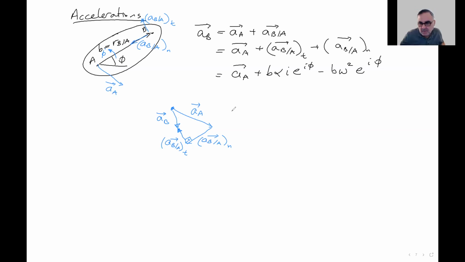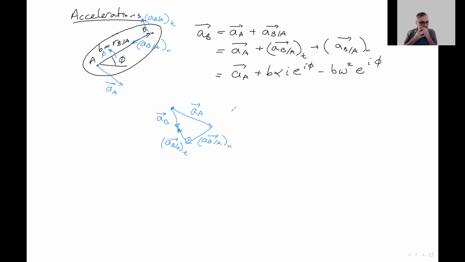Now, I'm just doing some kind of a review here. So the general acceleration can be expressed in terms of, again, complex numbers and so on.